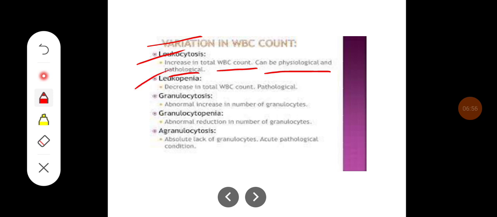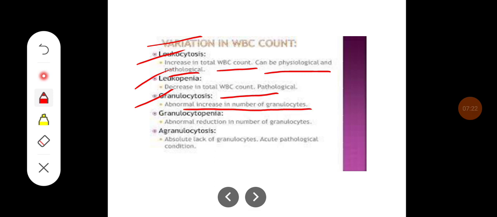Leukopenia is a decrease in the total WBC count. Most of the time it is pathological. It mainly occurs because of bone marrow depression, like in aplastic anemia, and some influence of drugs. Granulocytosis is an abnormal increase in the number of granulocytes.